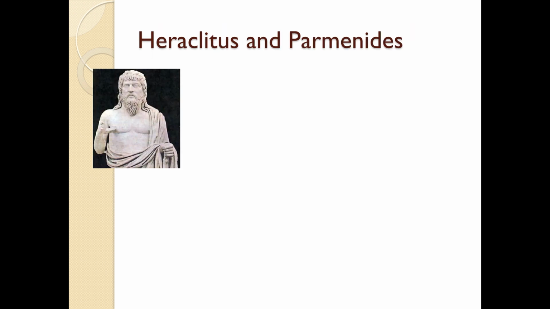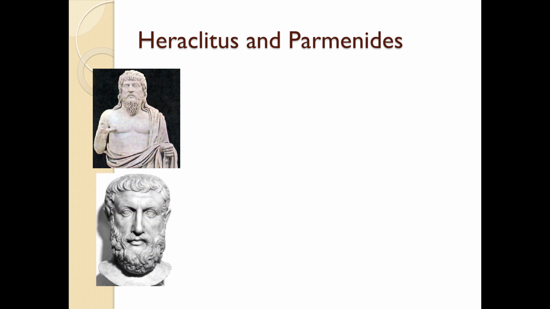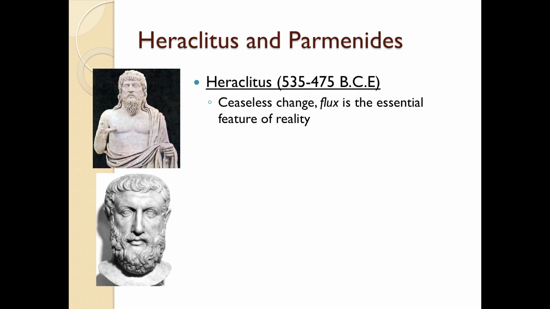Okay, here's my favorite. I do have favorites. Heraclitus. Heraclitus and Parmenides, who are around the same time. So Heraclitus said that the only thing we can know about reality is that it's always changing. It's always in flux. Which is actually what modern science says.